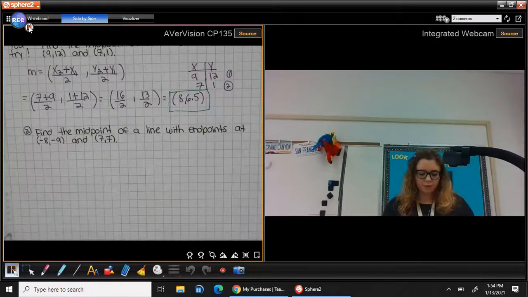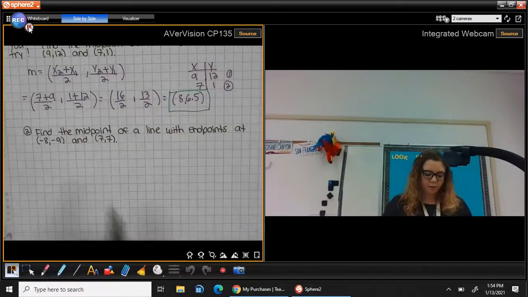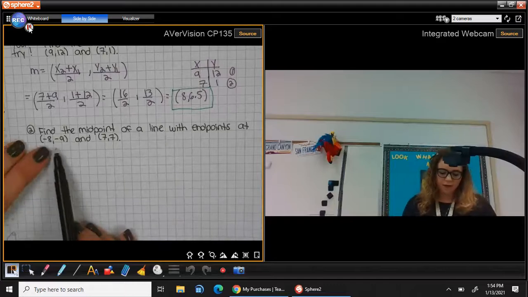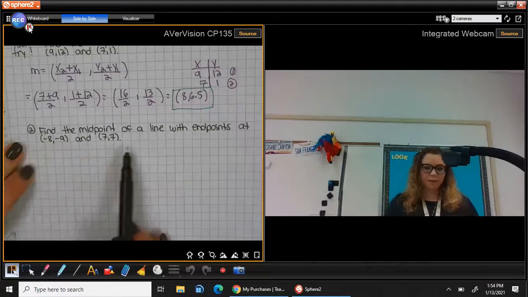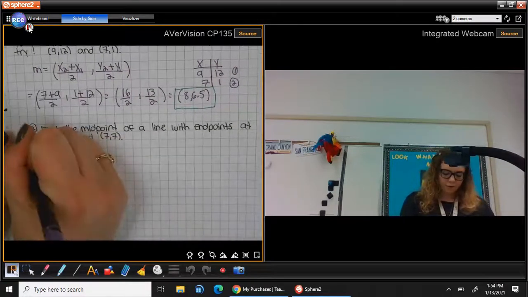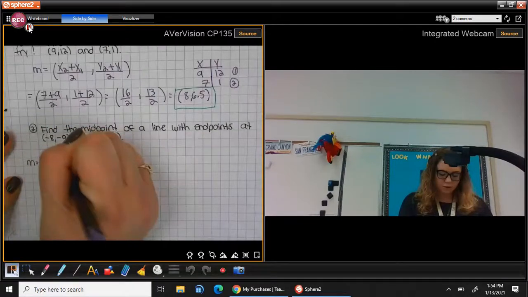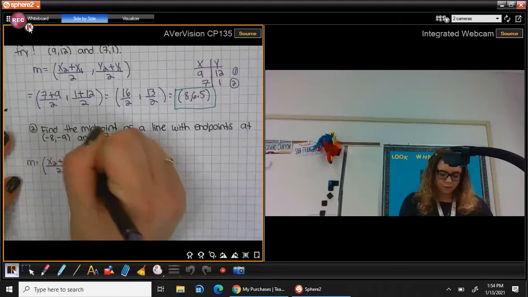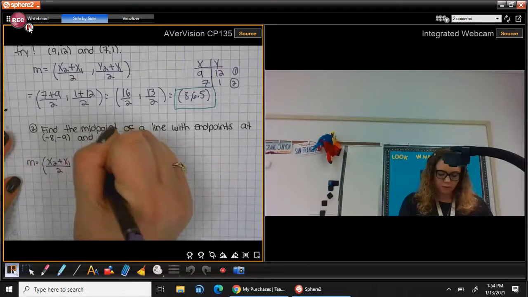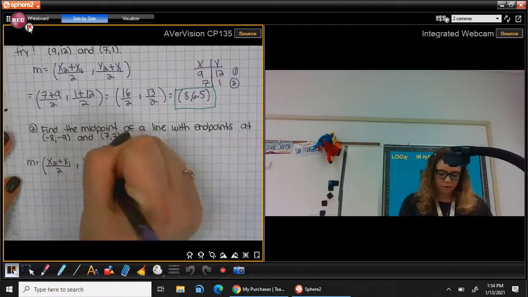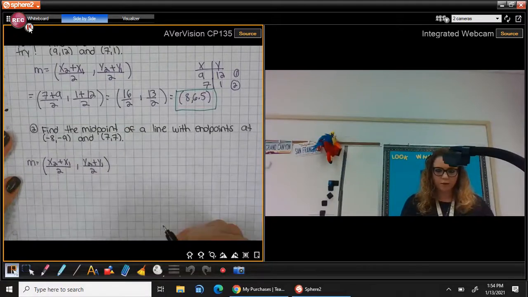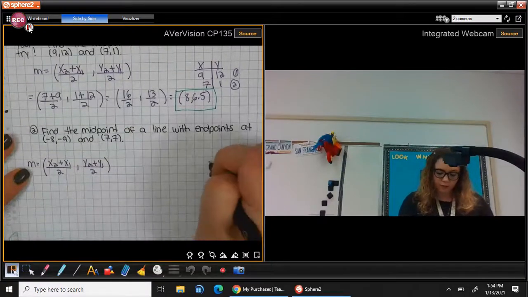Okay, next one. Find the midpoint of a line with endpoints of -8, -9 and 7, 7. So M equals, copy my formula out, x2 plus x1 all over 2, y2 plus y1 all over 2. Okay, and then plug in what you know after I create my coordinates.